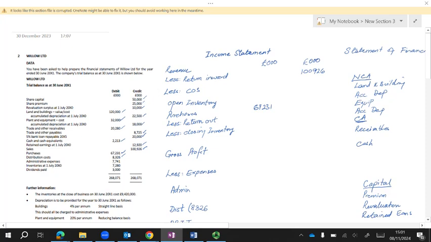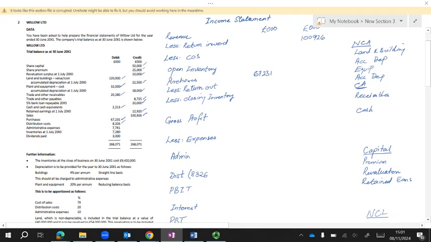And I'll leave the bracket open because there will be addition or subtraction later when we'll go through the notes. Then there is an administration expense of 7,741. Opening inventory 7,280.